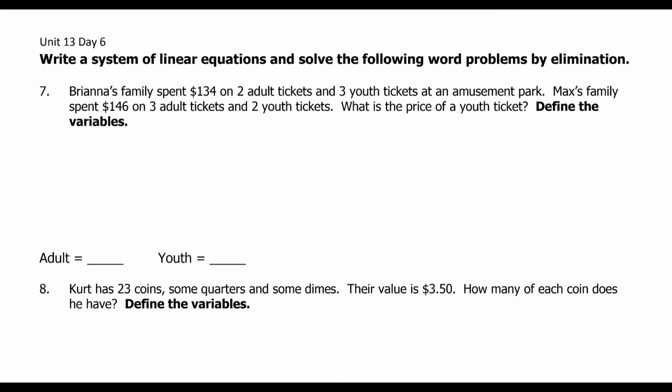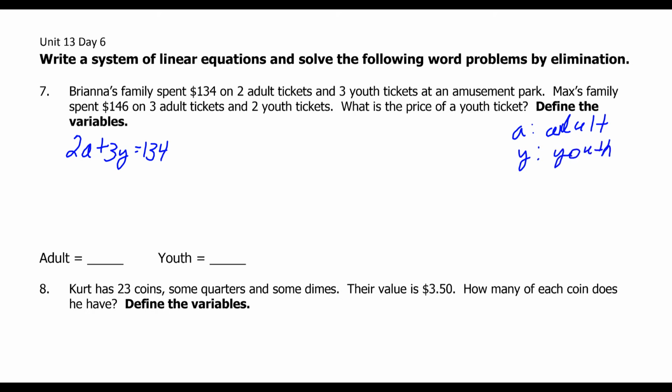Alright, so Brianna's family spent $134. The way that I see it, it's going to be 2a plus 3y equaling 134, with a meaning adult and y meaning youth.